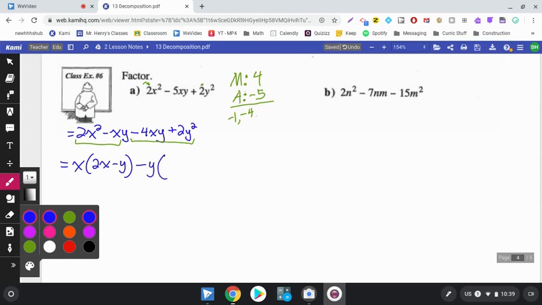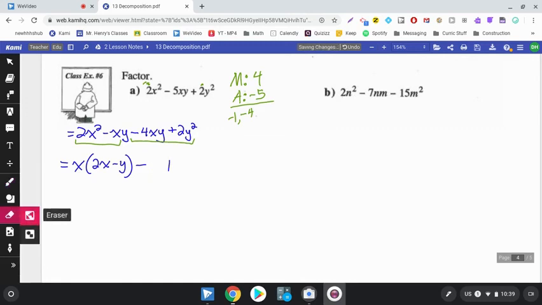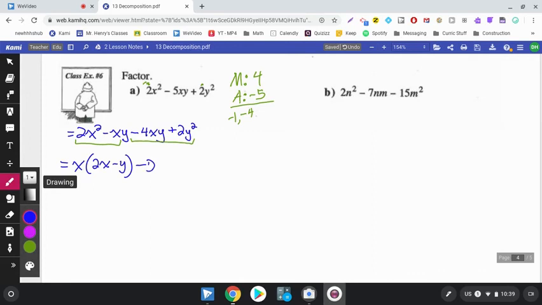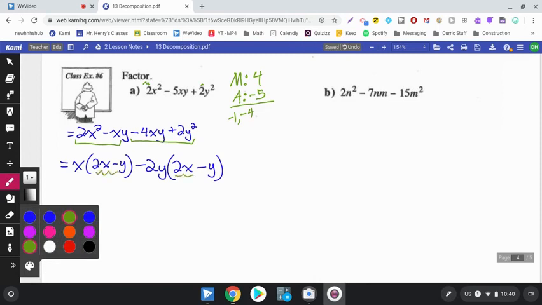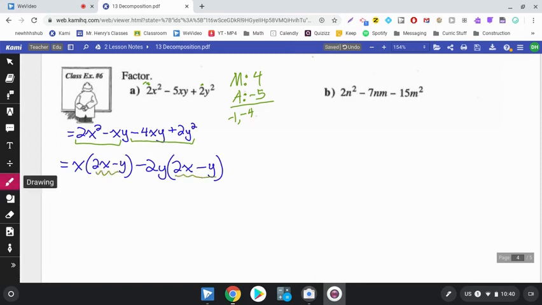So negative y, and I could factor out a 2, so my negative 2y. I get 2x, and then this was 2y squared divided by a negative, so minus y squared divided by y is y. And hey, it worked. I have the same bracket, 2x minus y, 2x minus y. I can factor that out, and I'm good to go.